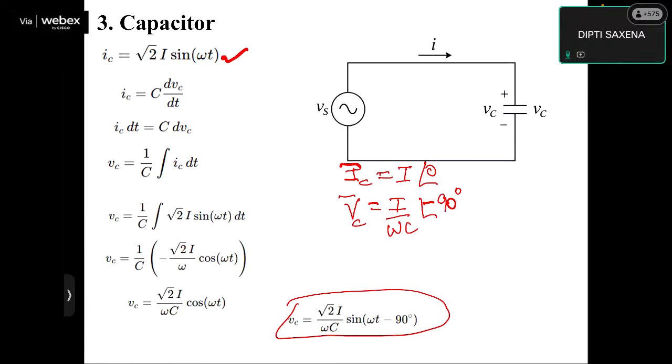Now, I've already told you that J is an operator with a magnitude of 1 and an angle of 90 degree.